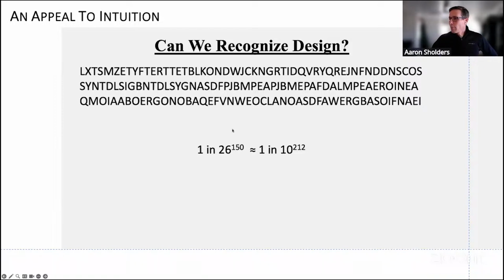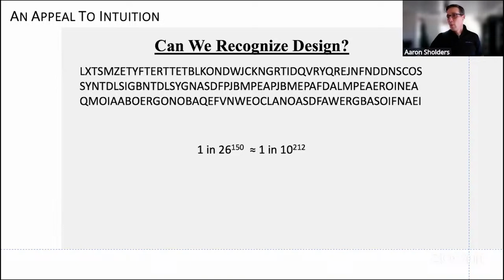And the probability of getting that sequence is 1 in 26 raised to the 150th power. Where do I come up with that number? Well, let's think about this. Your chance of getting an L in the first position is 1 in 26, because there are 26 letters in the English alphabet.